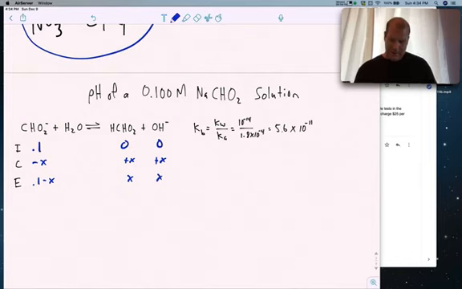Our Kb equals formic acid, HCHO2, times hydroxide, all over the formate anion. I tend to put the H first.